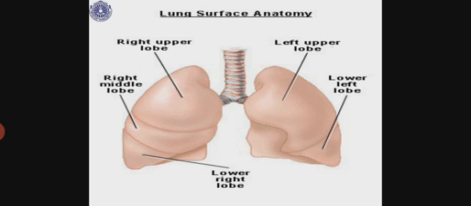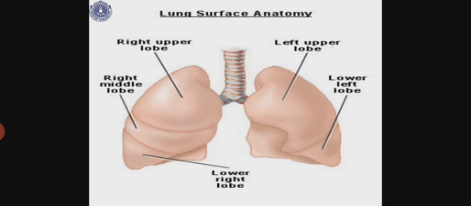Next is about the components of the lower respiratory tract. As I already told you, the trachea, the windpipe, leads to a structure called the bronchus, and this is the right bronchus which enters the right lung, and this is the left bronchus which enters the left lung.